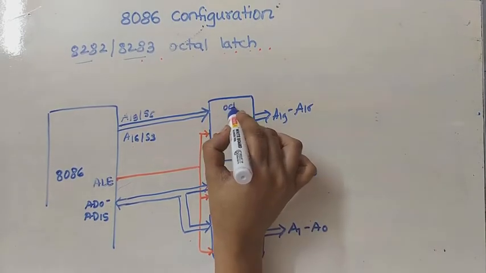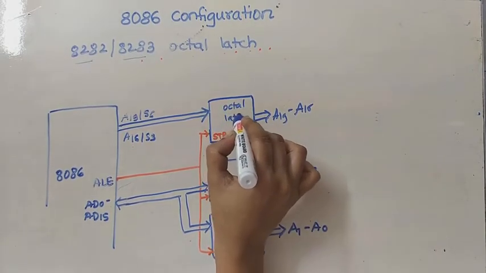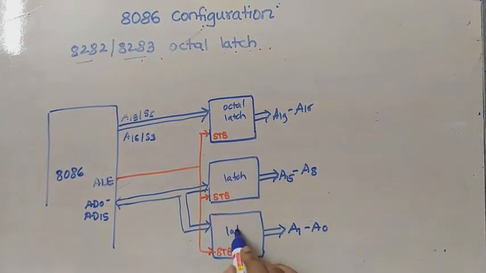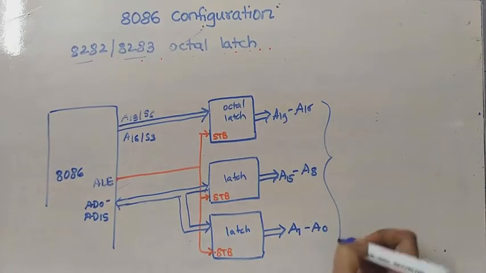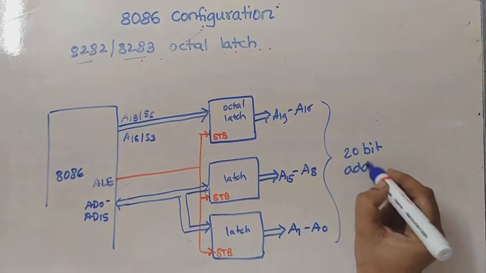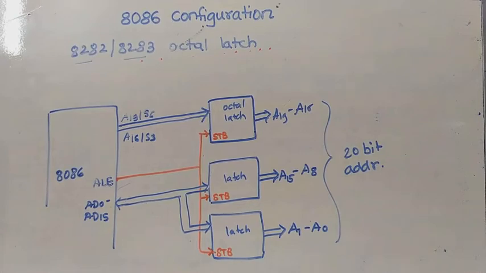I will write down only latch. In this way, we'll get a 20-bit address. So in this way we can demultiplex the address from the multiplexed address and data bus.